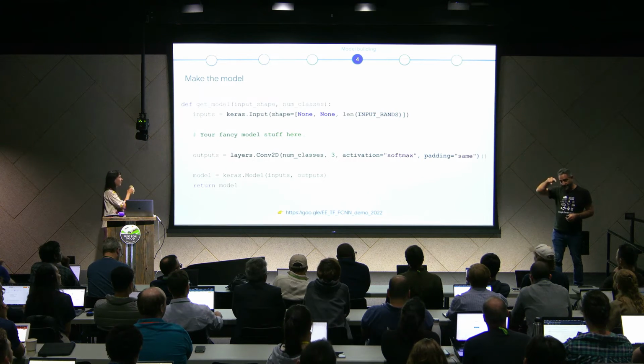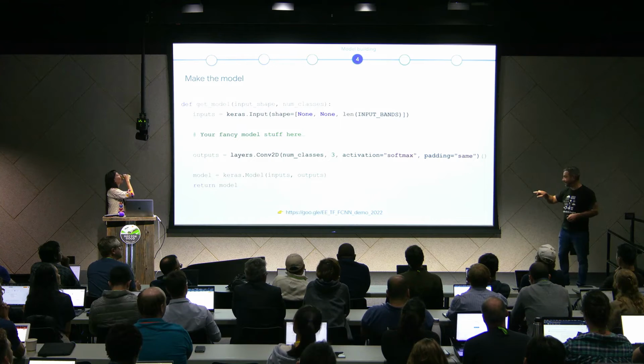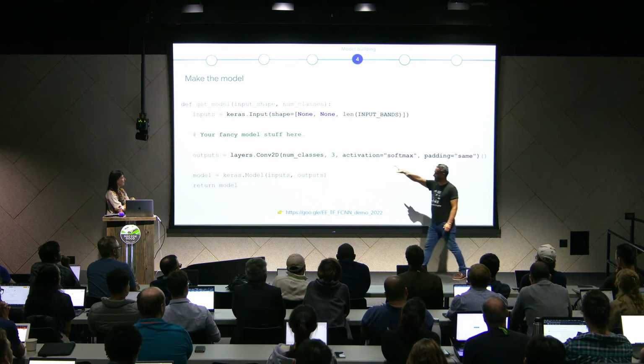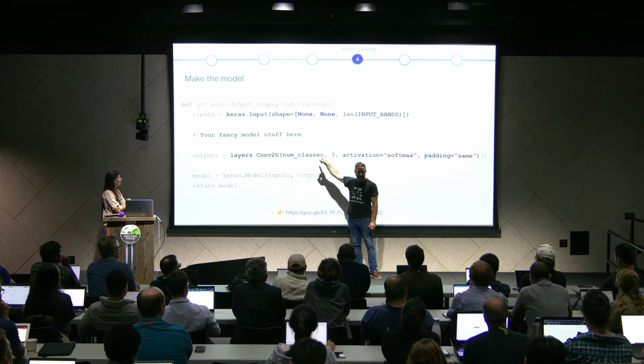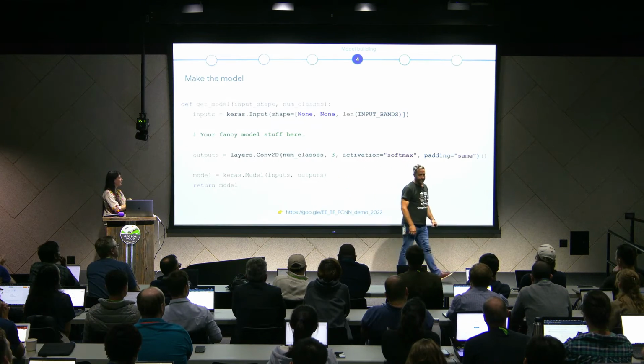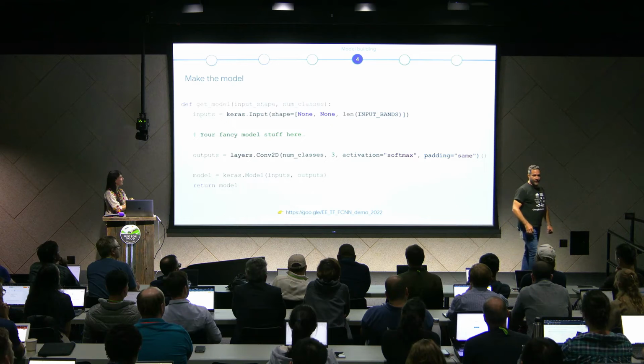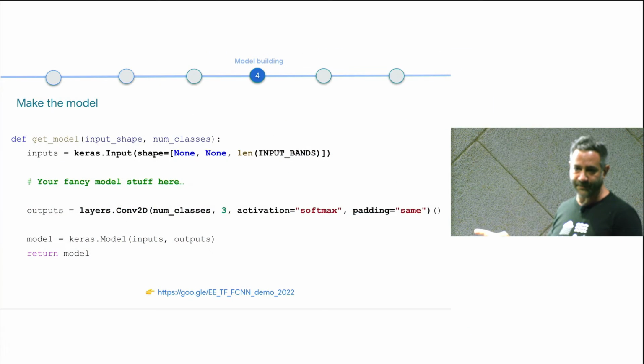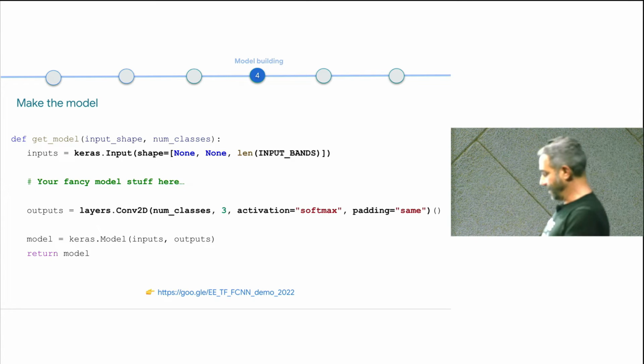So it's height, width, 9 bands deep, and the output is going to be the same shape, except the depth is going to be the number of classes in your classification. So that's what is coming and going out of this model, and that's what we have to tell Earth Engine to expect. Next slide.